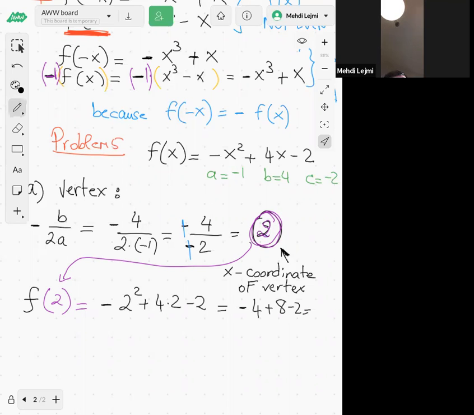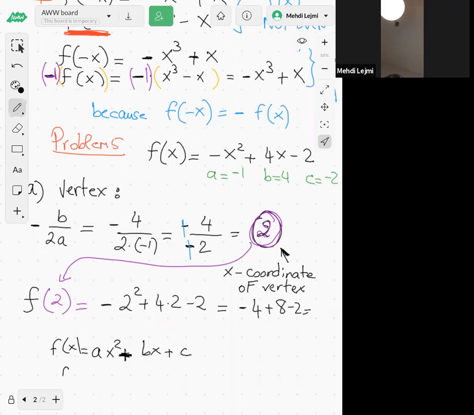Find the minimum and the maximum. You mean the minus b over 2a? Let me explain how we got such a formula. f of x is ax squared plus bx plus c, right?